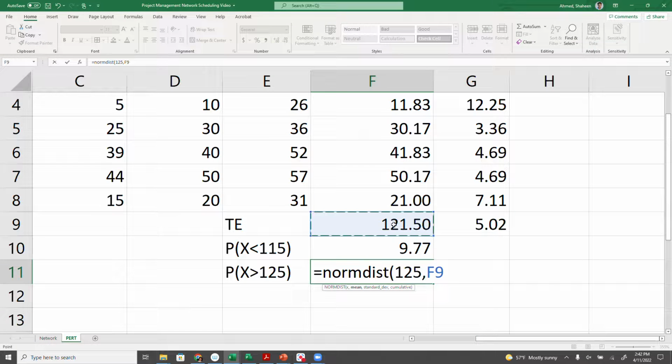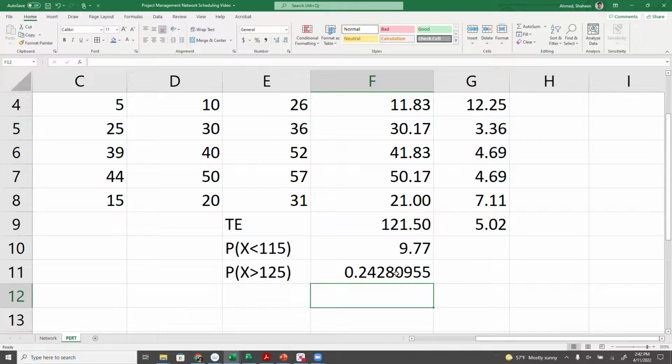This is the x value, comma, the mean, comma, the standard deviation, comma, cumulative probability. And then this will give us the cumulative probability all the way from the left up to 125, but what we're looking for is more than 125. So that's the probability we are looking for.